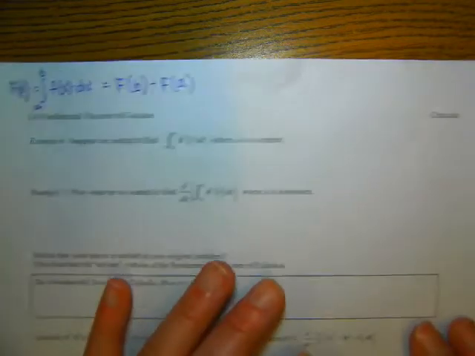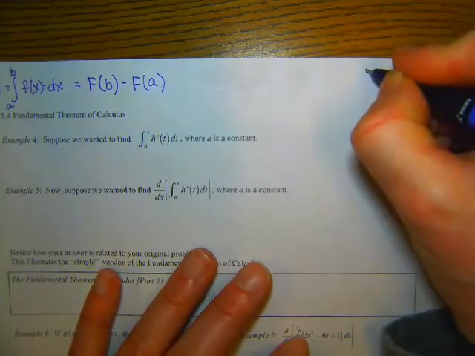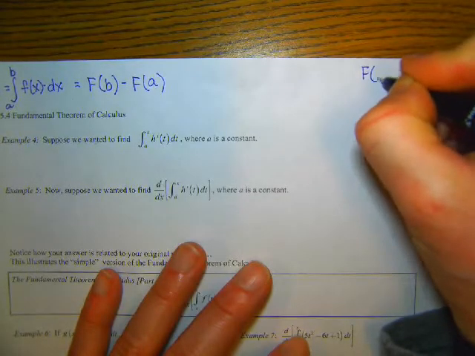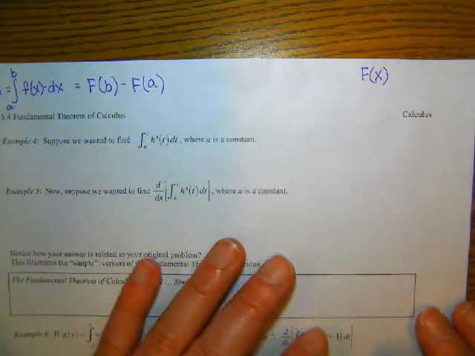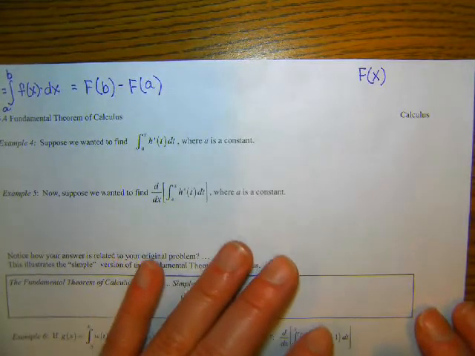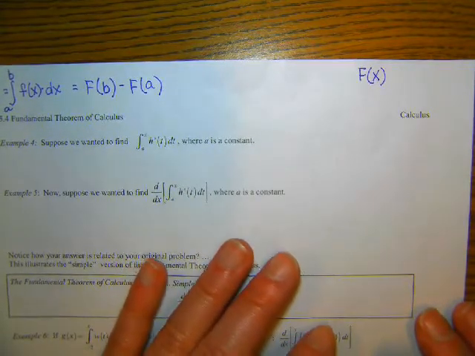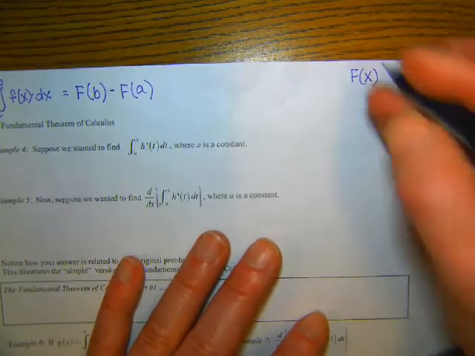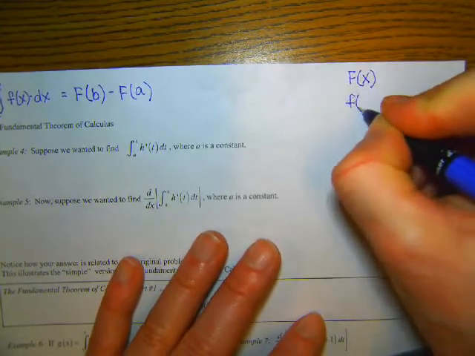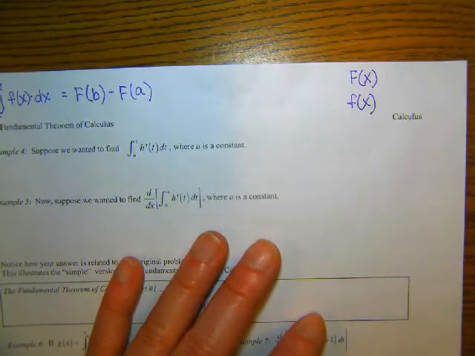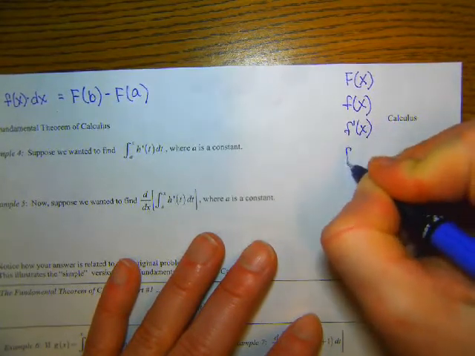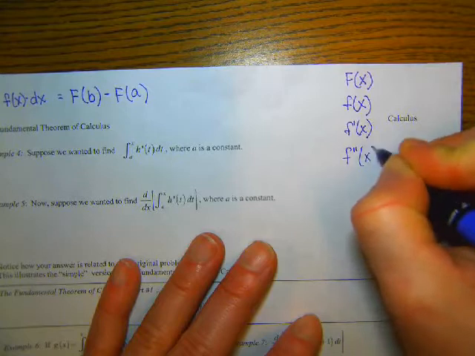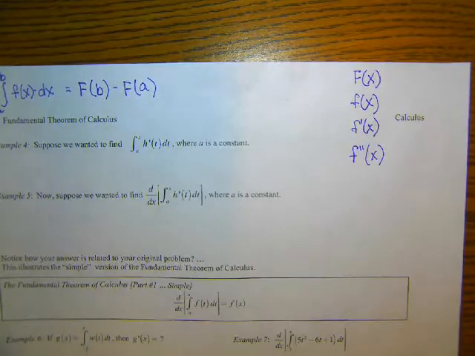Now, going in order, one of the things I wrote on the board was, if this is the antiderivative, what's the derivative of an antiderivative? Is that redundant? It is. What's the derivative of an antiderivative? Just the function, right? So this is the relationship in order between these four things, and we're trying to keep them straight.